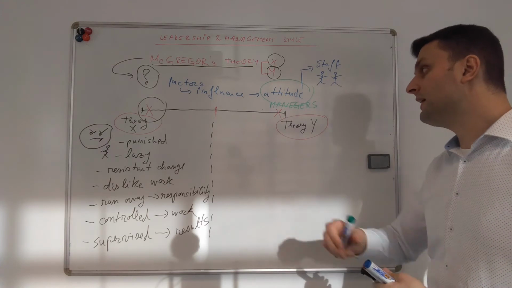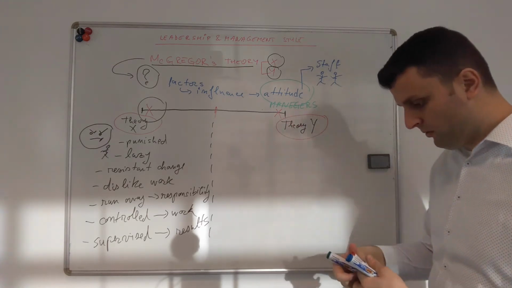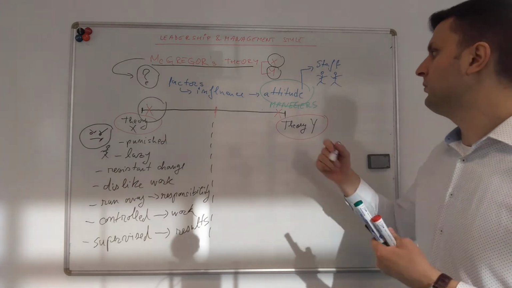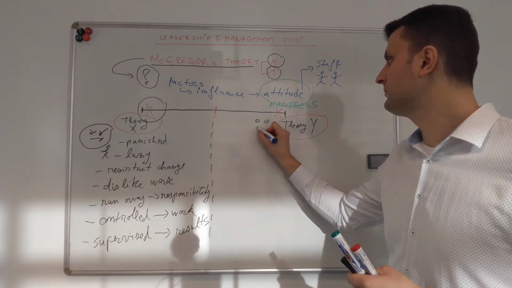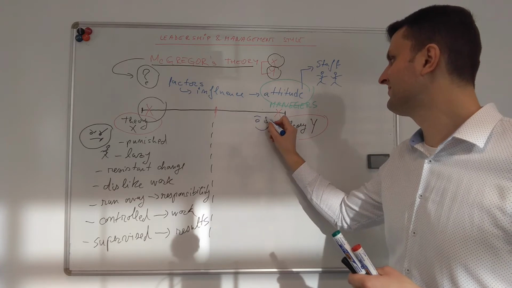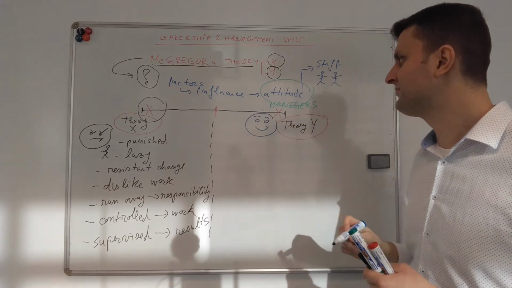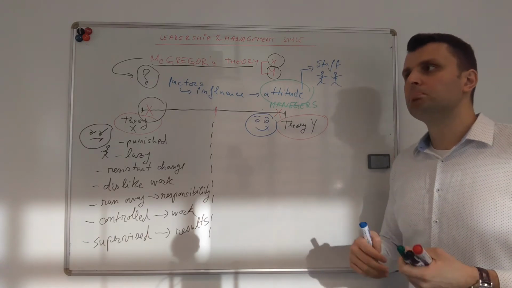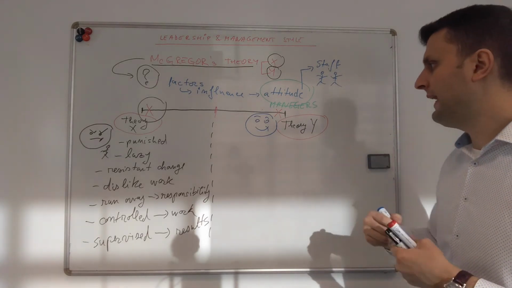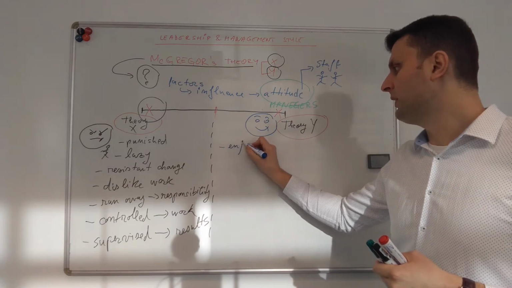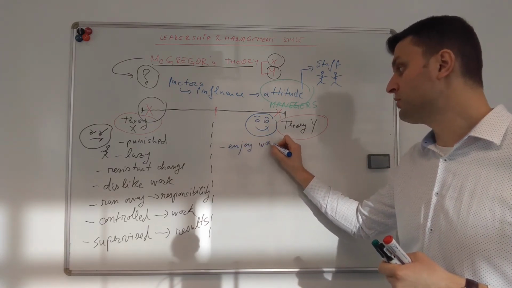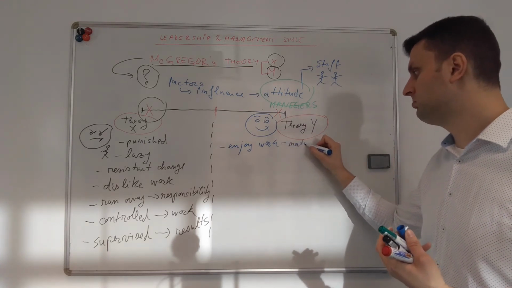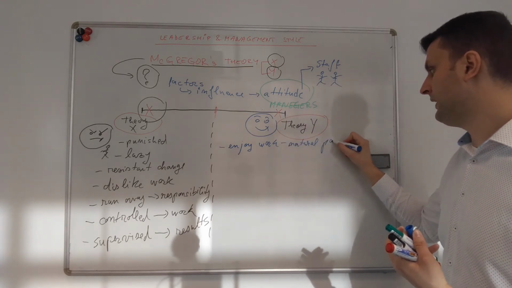So, going to the other extreme over here, which is Theory Y, here we will paint a different face. It would be this face. Here you actually believe that employees enjoy work. Their work in general is a natural part of their lives.